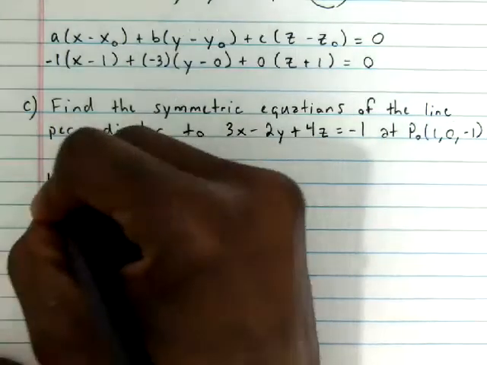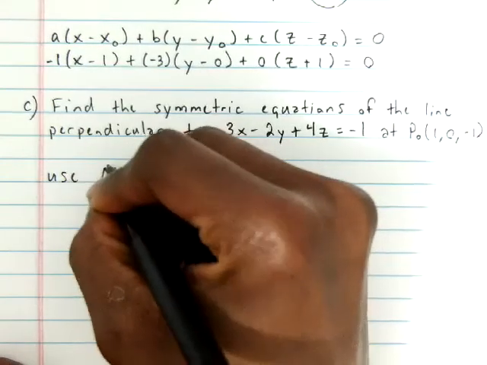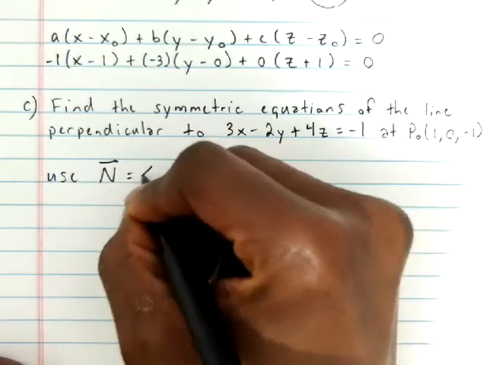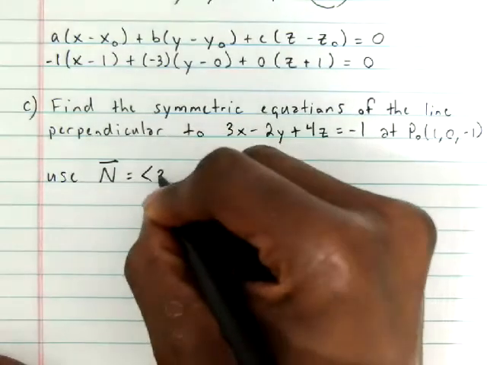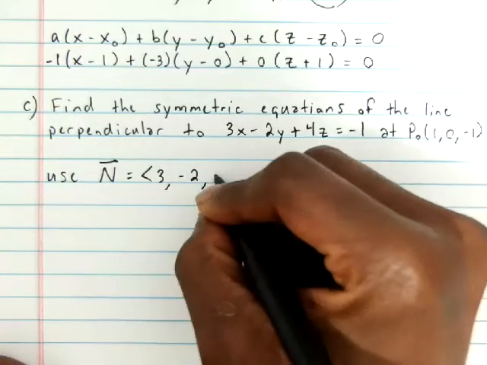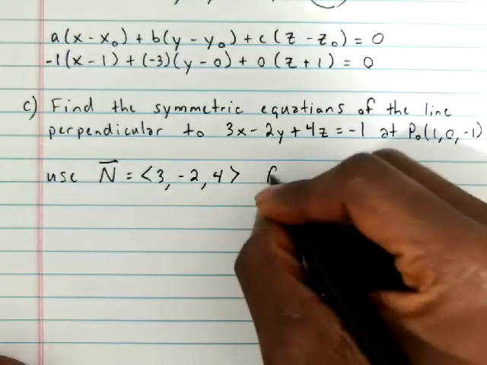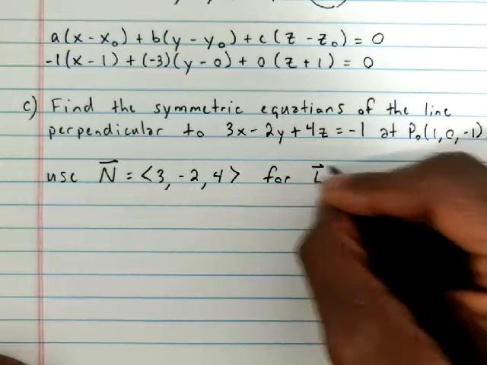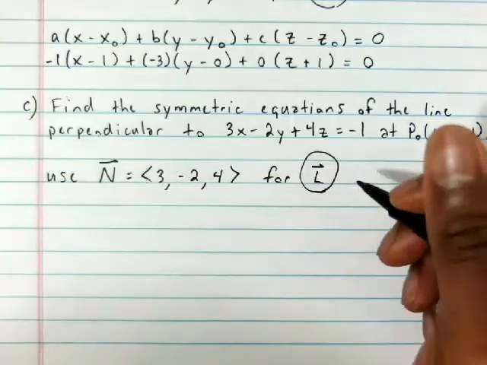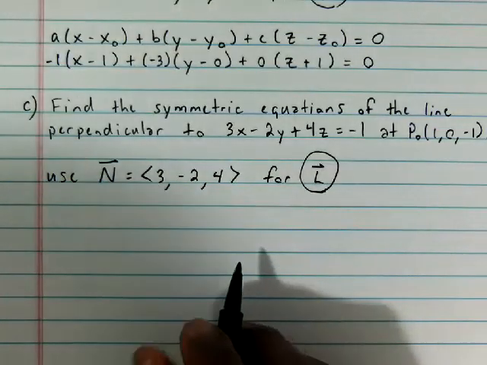So use n equals 3, -2, 4 for L. And now they want symmetric equations.